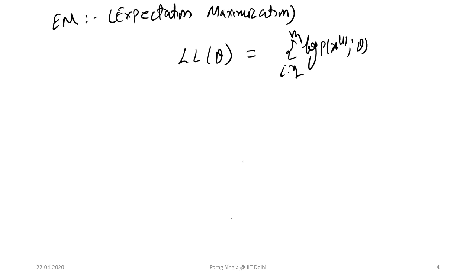So this is our log likelihood, and we are trying to maximize it with respect to theta, so this is argmax over theta.